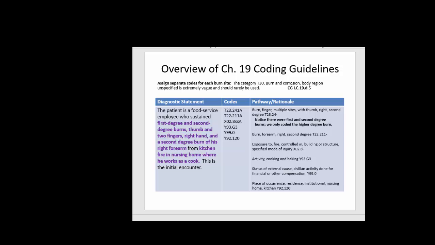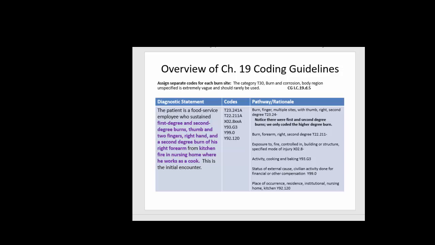So even though he sustained first and second degree burns, multiple sites on his right hand, we're only going to code the second degree burn. Then we code the second degree burn of the forearm. Then we get into those external cause codes. Exposure to the fire, the activity he was cooking, he was working, so we're going to use that Y99.0 code. And last of all, it gives us the place of occurrence.